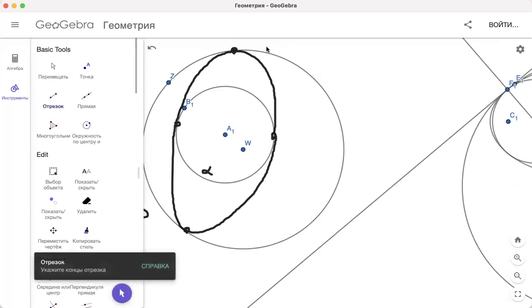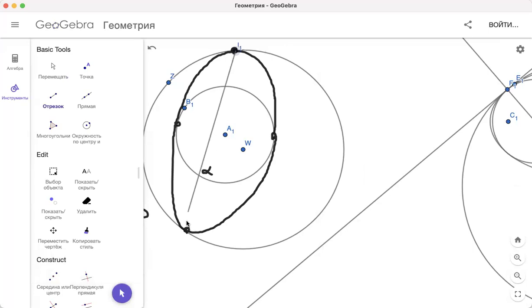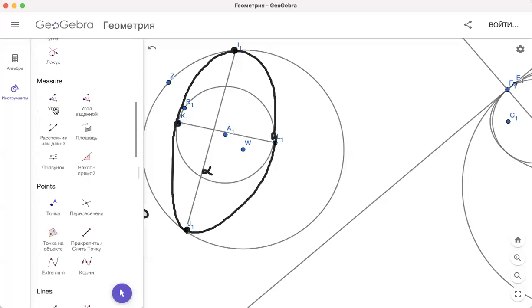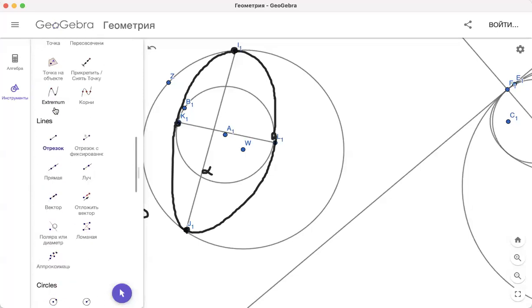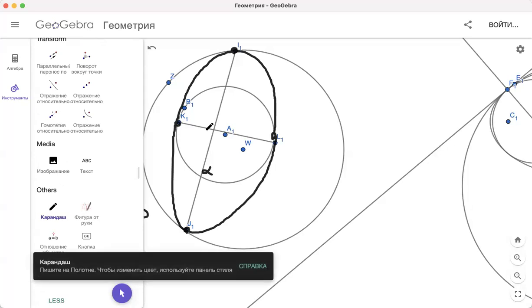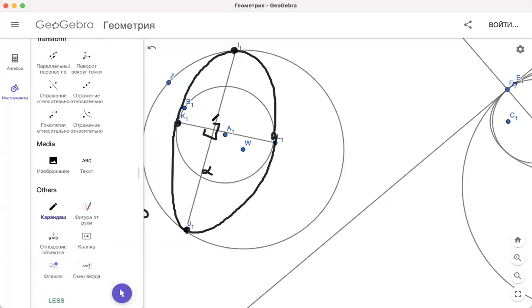So it's obvious that if you connect the tangency points, here you have perpendicular lines, because these lines are perpendicular to the axis of symmetry.